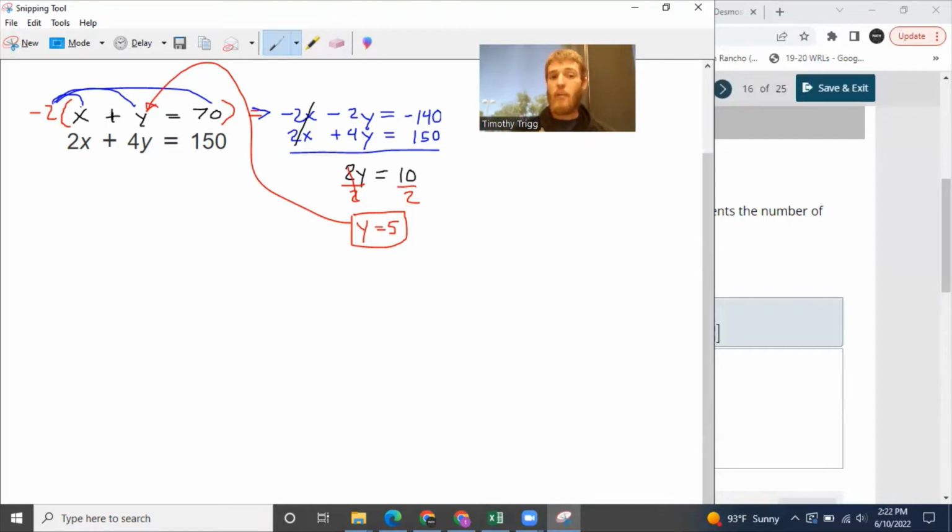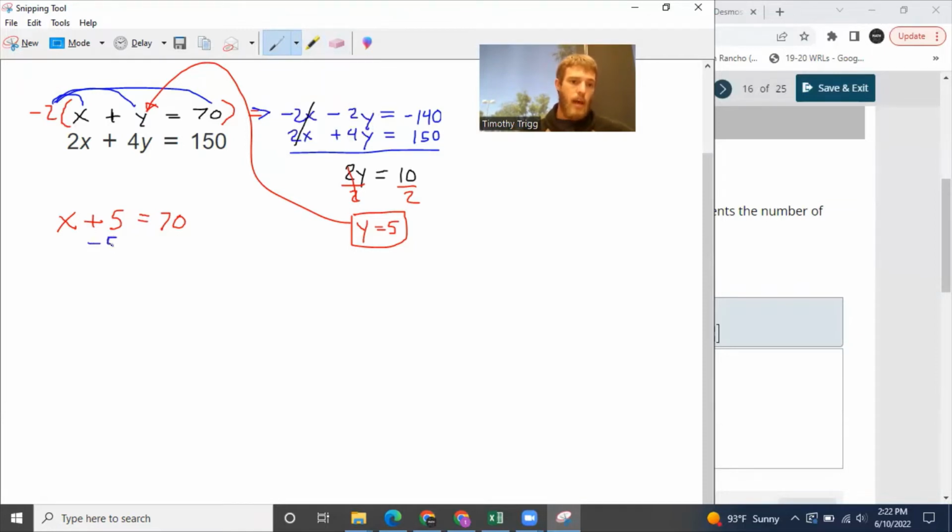So this equation that was x plus y equals 70, now it's going to say x plus, what's the value of y? 5 equals 70. Okay. Let's go ahead and solve for x. What would I do to solve for x here?